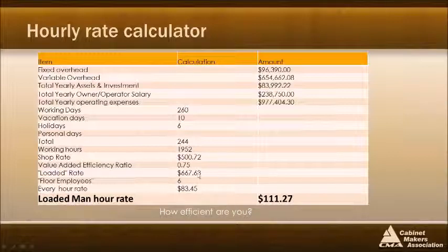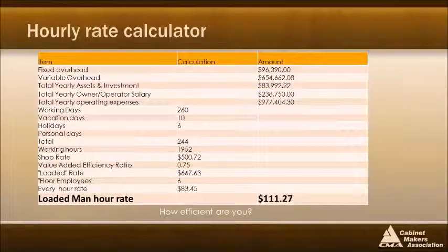If you actually look about 3/4 of the way down the page, you'll see the value added efficiency ratio. On the spreadsheet, there's actually a pop-up on this. This is how efficient, out of a 40-hour work week, are you? The top 1% of the companies, if you take a look at a company like Toyota, they actually run, I believe they're at 72%.